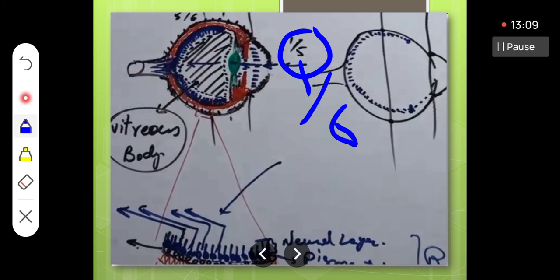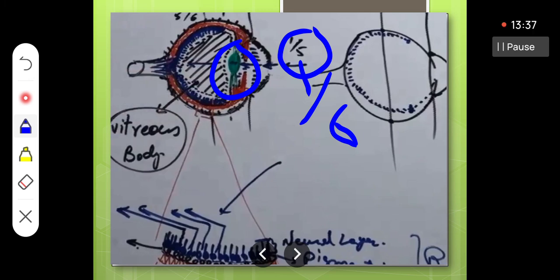Now the anterior most part of the eyeball consists of the lens. The main work of this spherical lens is to help the light pass and focus properly on the retina.